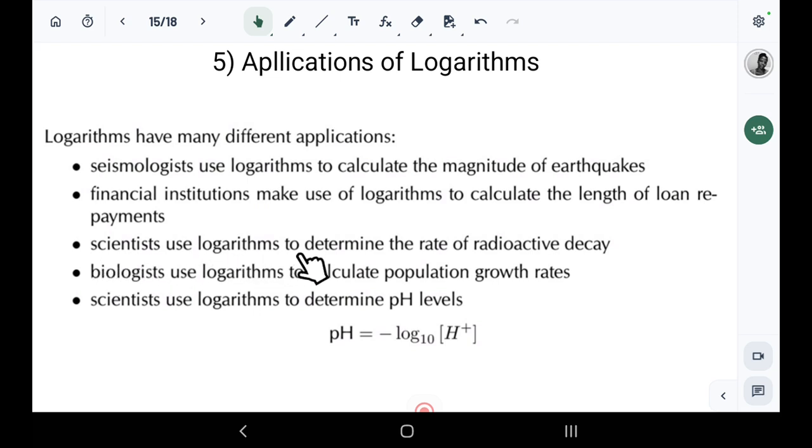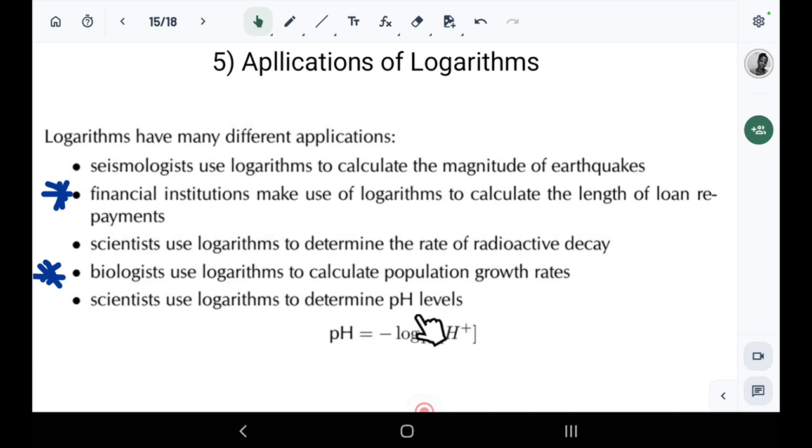Also, scientists use logarithms to determine the rate of radioactive decay, a very important study. Biologists use logarithms to calculate population growth rate. We're going to look at this one in detail too, so it's this one and the financial one that we'll use as examples.